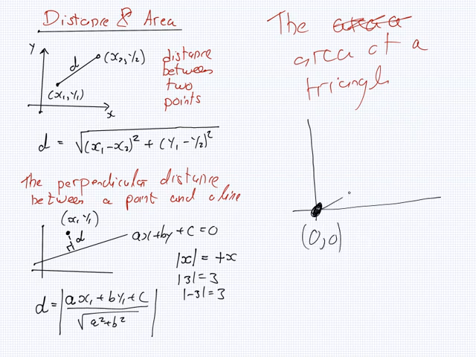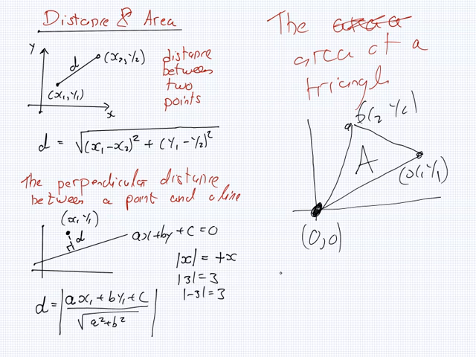So you have a triangle where one point's at the origin and the next ones are not. And what's the area here? So for these triangles with one vertex at the origin, it's a half x1 y2 minus x2 y1.